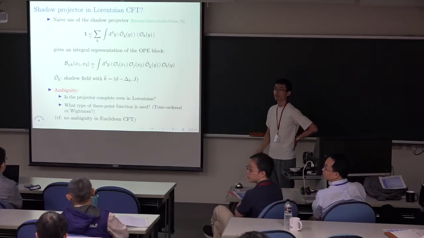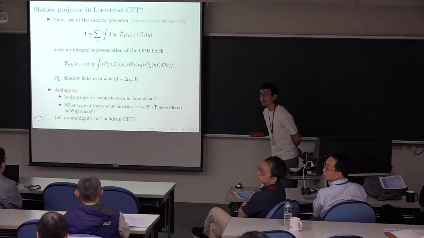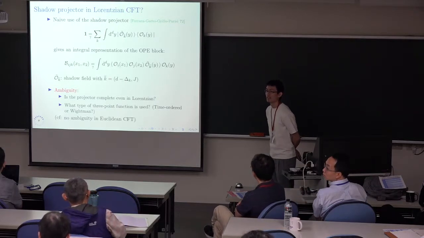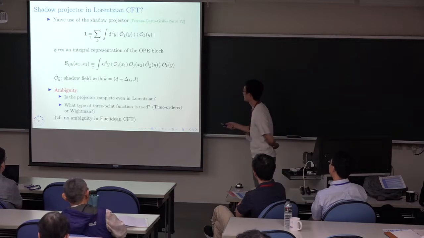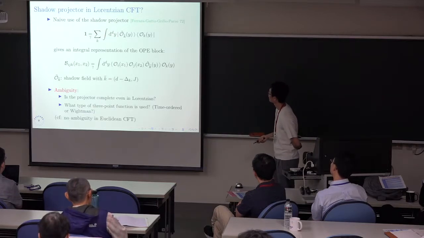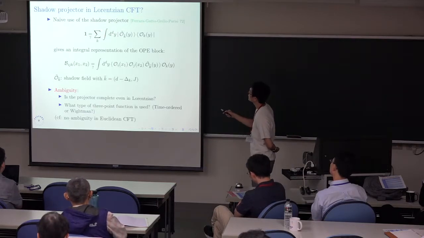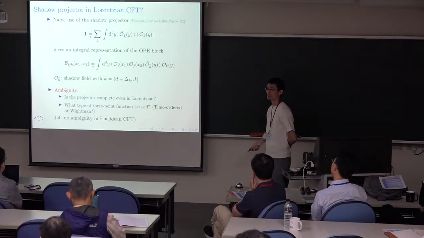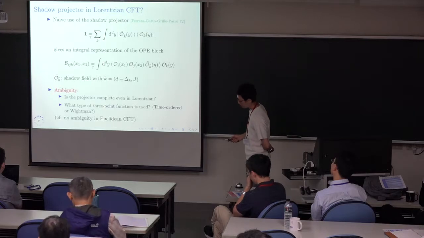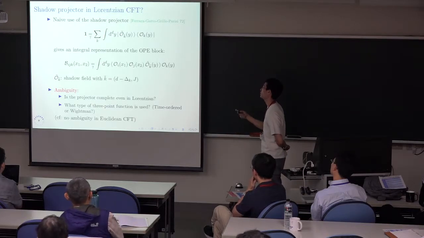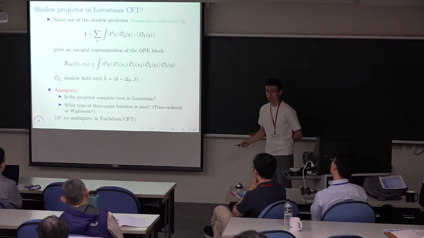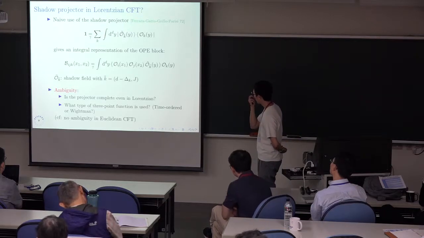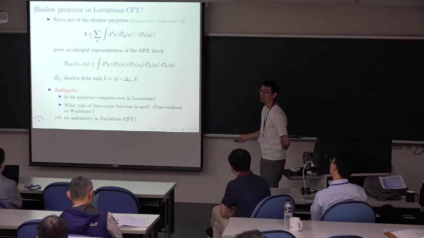Yes, that's one question: whether it's complete. I will talk about this in a couple of slides. In the Euclidean case, this is actually overcomplete because you have the shadow configuration. But in the Lorentzian case, if you use the so-called momentum shadow projector, which I'm going to tell you about, then you can construct a complete projector.